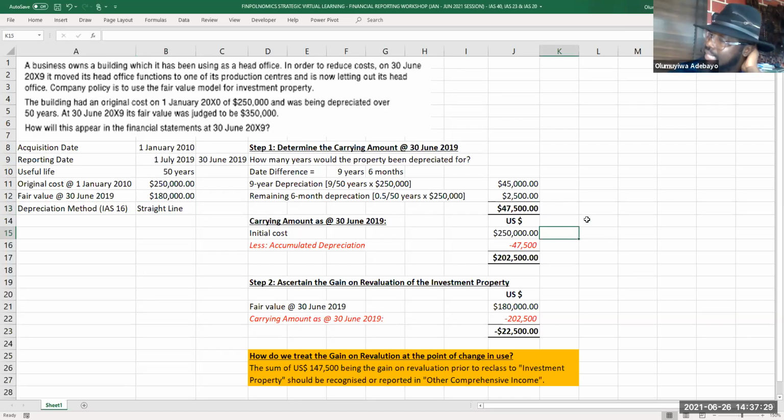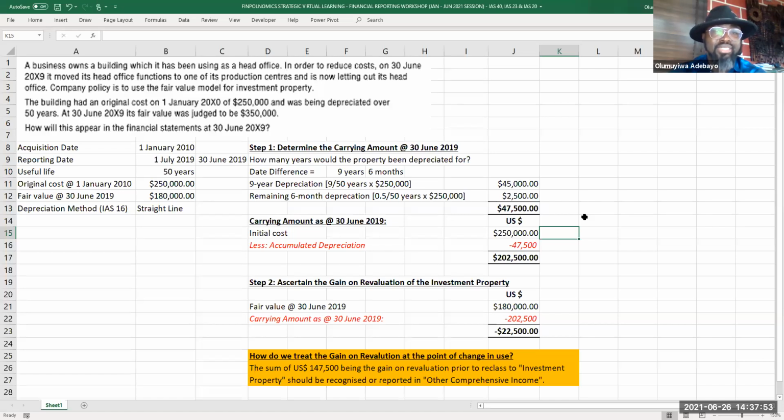Okay, it will be treated the same way I've said that in principle, there's no revaluation loss. It is a trigger that the asset may have suffered impairment or loss, which means such amount will be treated as an impairment loss, which will be recognized in profit or loss.